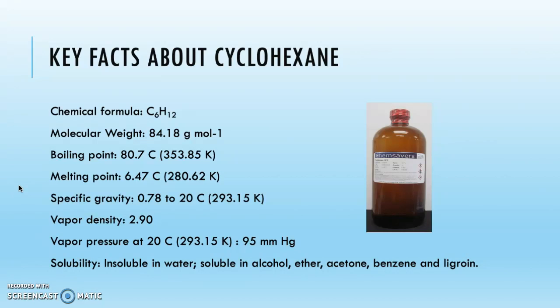Some key facts about cyclohexane include a chemical formula of C6H12, a molecular weight of 84.18 grams per mole, a boiling point of 80.7 degrees Celsius, a melting point of 6.47 degrees Celsius, a specific gravity of 0.78 at 20 degrees Celsius, and a vapor density of 2.9 and a vapor pressure at 20 degrees Celsius.